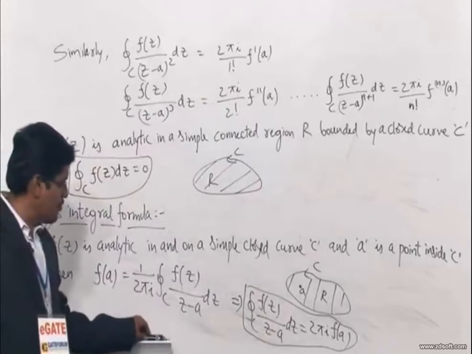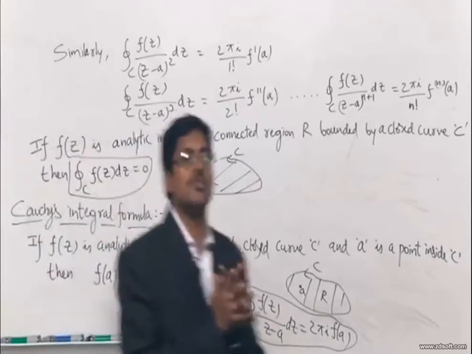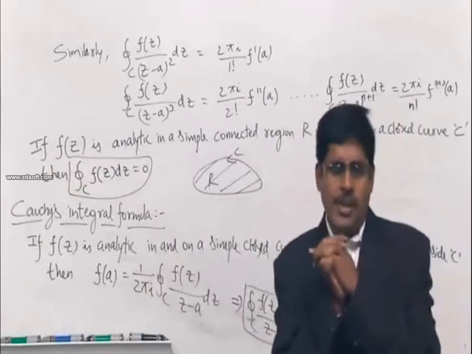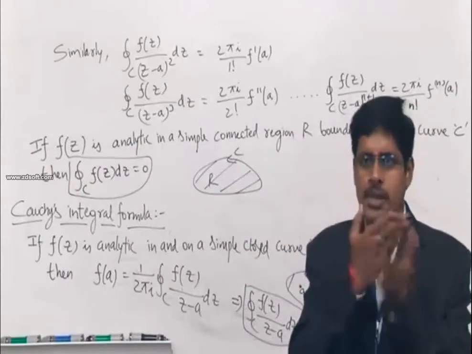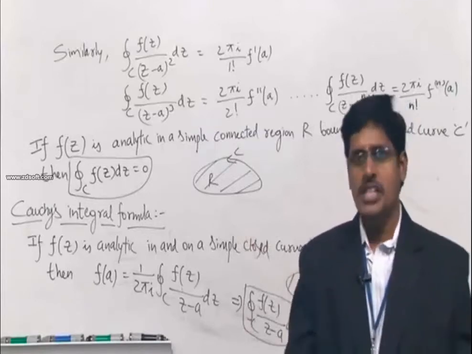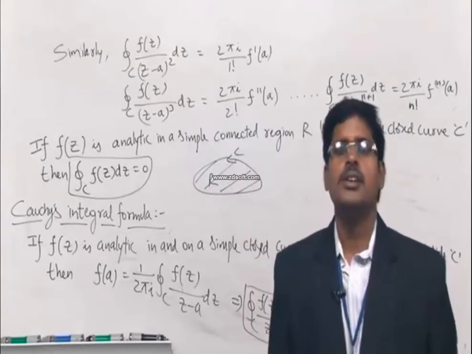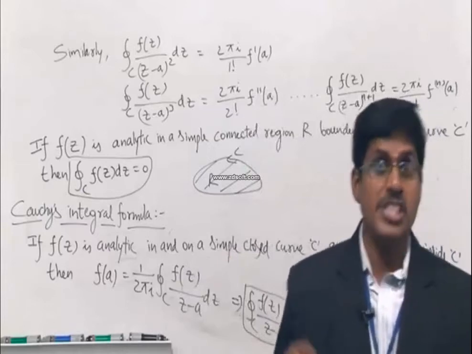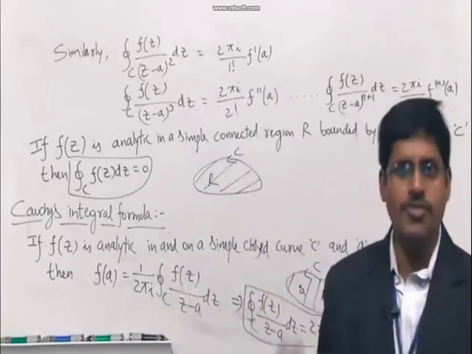Now I will tell you where you apply this Cauchy integral formula and where you apply the Cauchy integral theorem. First of all, C is a closed curve. Next, the procedure: whatever the term going to be integrated, go to the denominator of the given integration term, equate it to 0, and find the values of z. That means the term to be integrated is not defined at some points of z, which we have to find first.